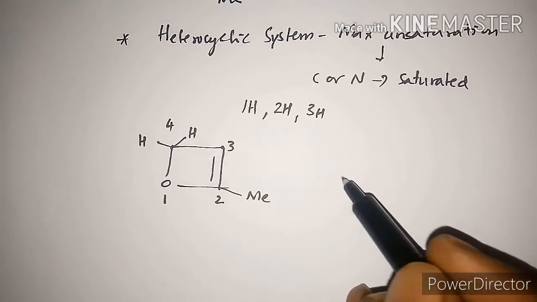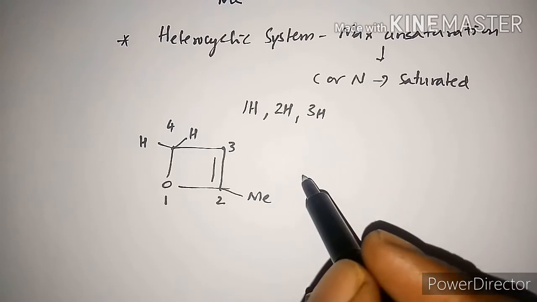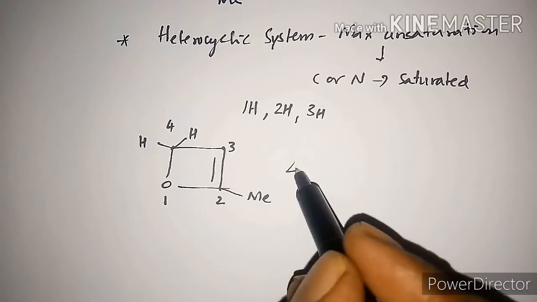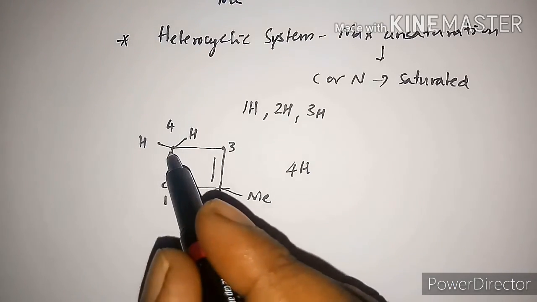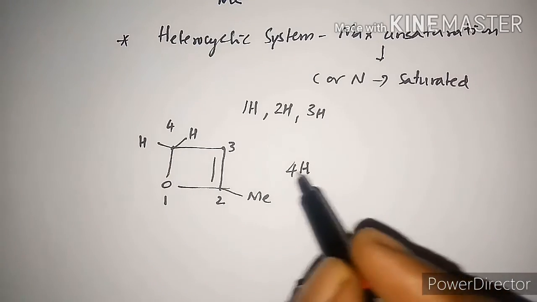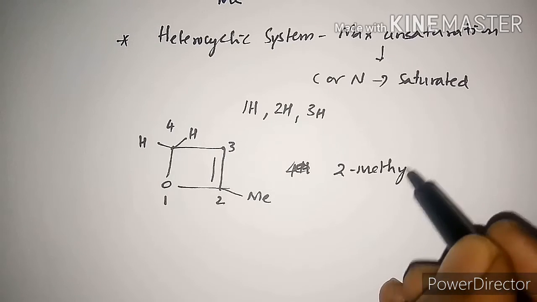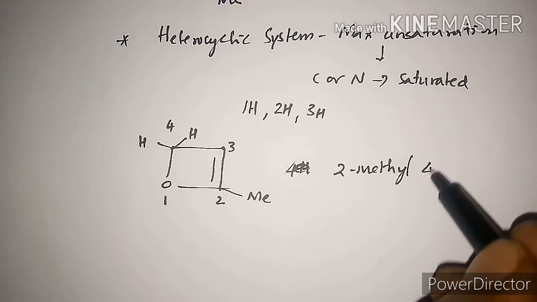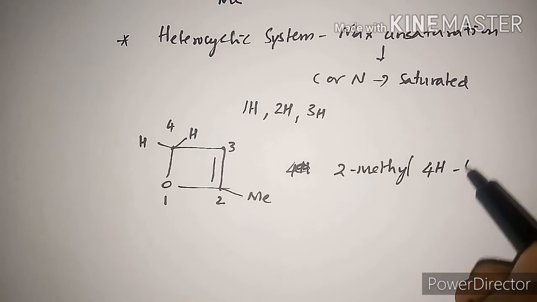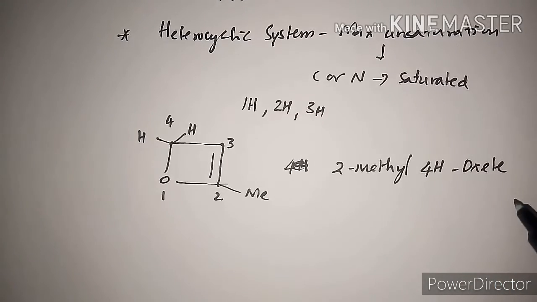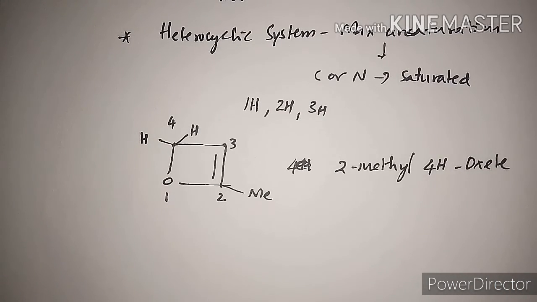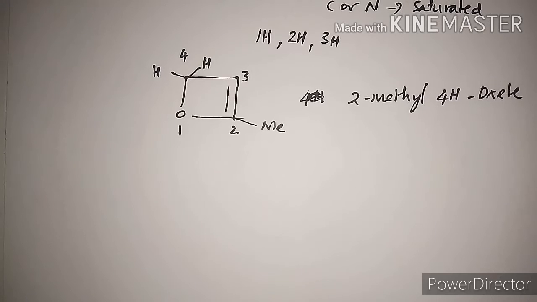Now this carbon contains an extra hydrogen, so we can write this as 4H. First we write 2-methyl-4H-pyran, a 6-membered ring that doesn't contain nitrogen.